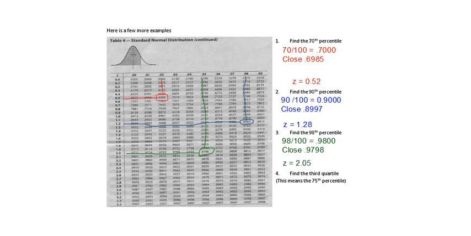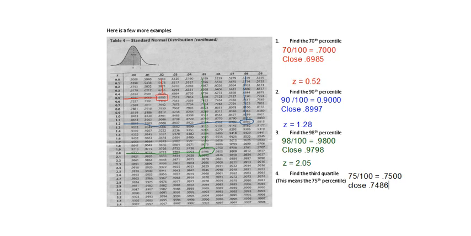All right, next is the third quartile. The third quartile means 75%. So for that, we're going to do 75 divided by 100, which is equal to 0.7500. Again, you're not going to find 7500, but the closest that you will find is 0.7486.